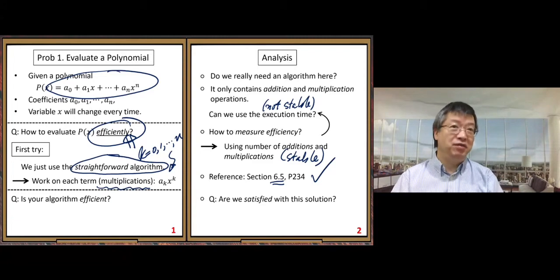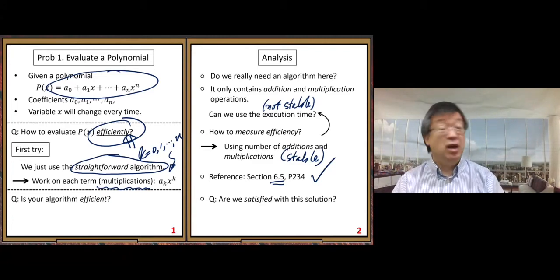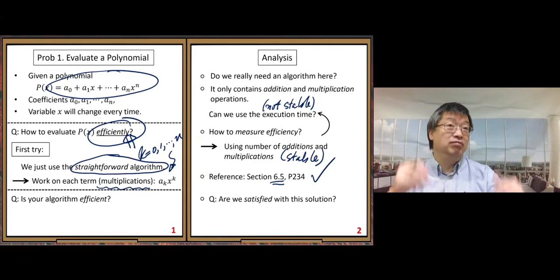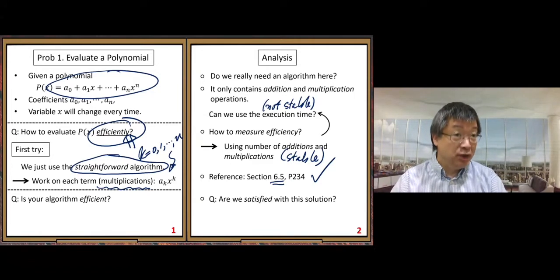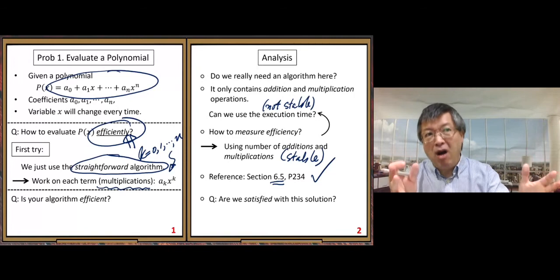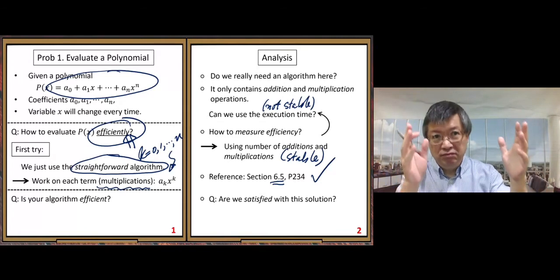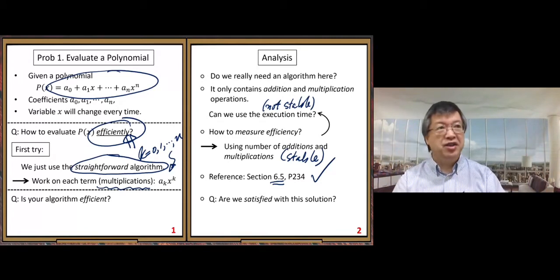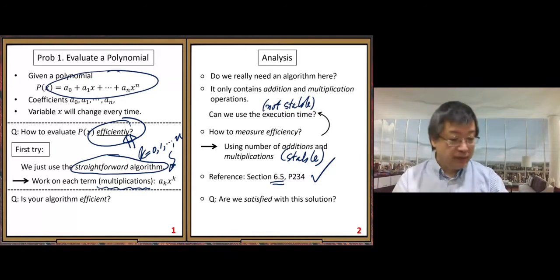Otherwise, why would I talk about this problem, right? There is no reason I pick this problem. The reason I told you before is that there is a surprisingly smart solution for it. We will see.